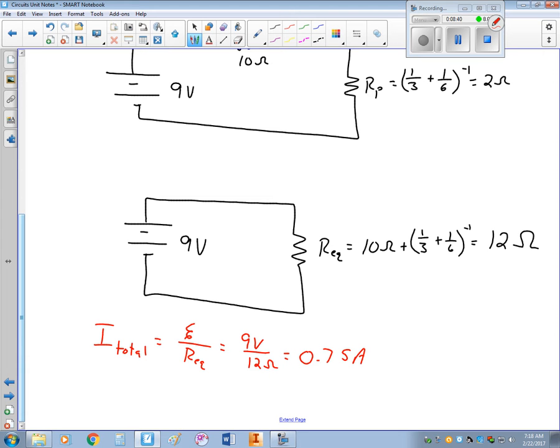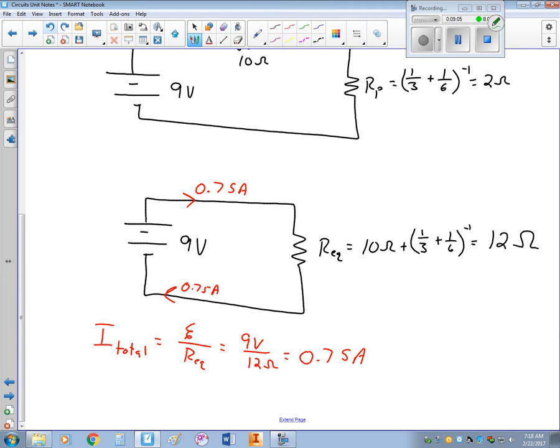So that gives me a current of 0.75 amps. So I've got 0.75 amps leaving the battery. That must mean I have 0.75 amps returning to the battery.